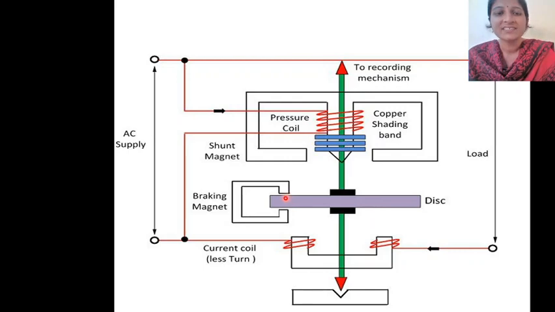And the braking system, this is the braking magnet which is used to brake. Sometimes this disc will be rotating too fast or too slow. For that purpose the braking magnet is used to control the speed of the disc. So that is the braking mechanism. And next is the recording mechanism. How many times the disc has rotated has to be recorded for the billing purpose.